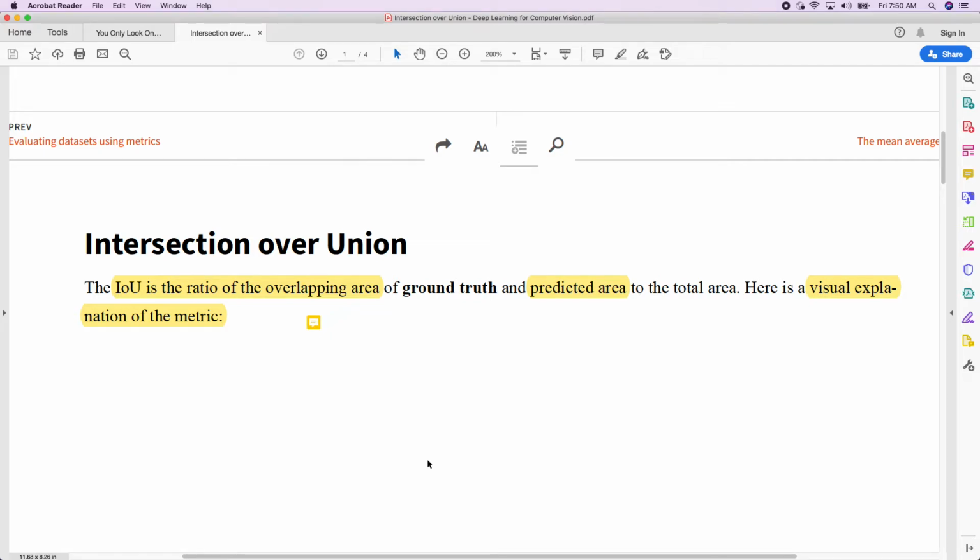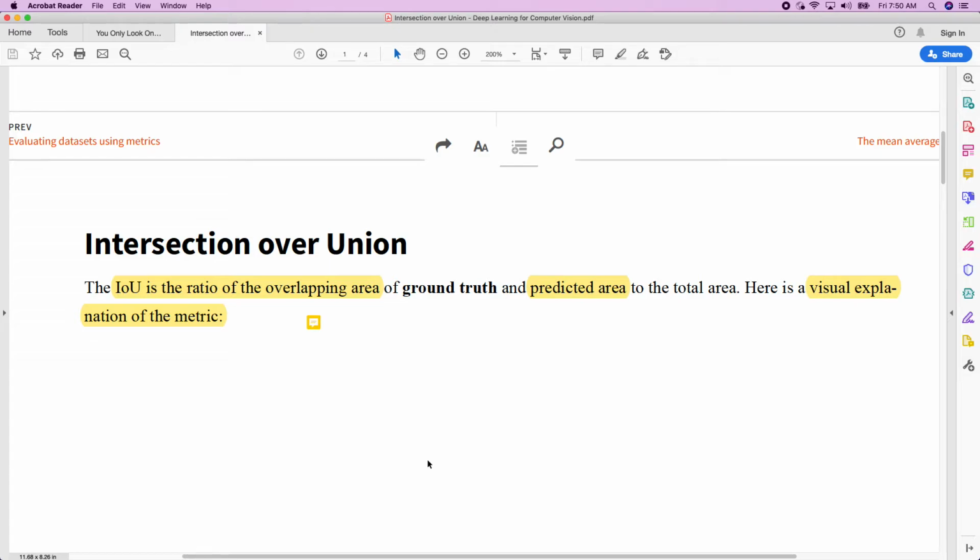Then, while training your model, you are teaching your model how to draw the bounding box around your object, and you are minimizing a loss function such that your model prediction is as close as possible to your ground truth.